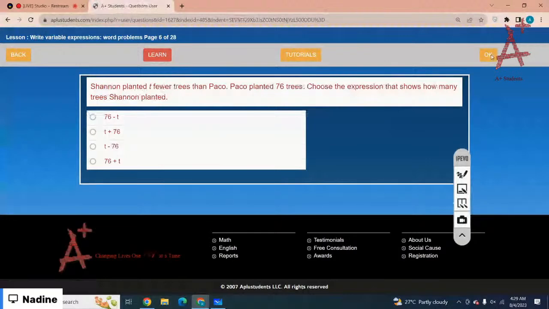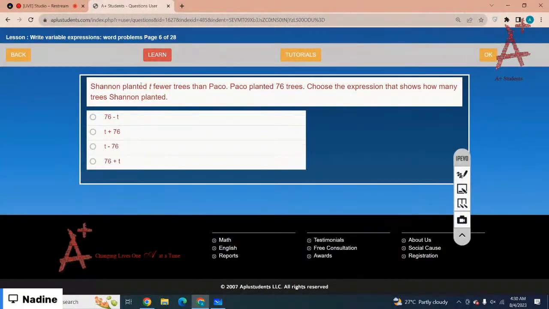Shannon planted T fewer trees than Pecco. Pecco planted 76 trees. Choose the expression that shows how many trees Shannon planted. Which is the correct option? Or you can read it like this: Pecco planted 76 trees.